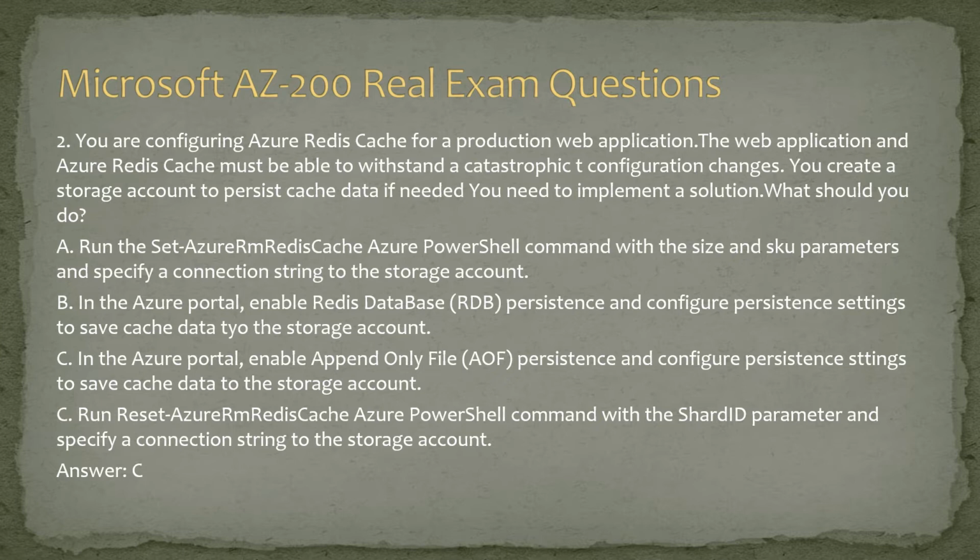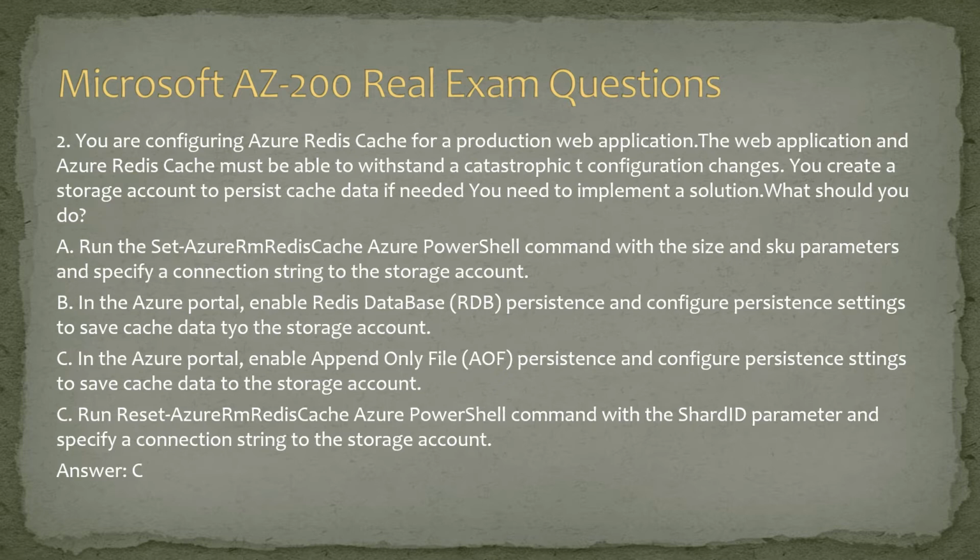2. You are configuring Azure Redis Cache for a production web application. The web application and Azure Redis Cache must be able to withstand catastrophic configuration changes. You create a storage account to persist cache data if needed. You need to implement a solution. What should you do? A. Run the Set-AzRedisCache Azure PowerShell command with the size and SKU parameters and specify a connection string to the storage account. B. In the Azure portal, enable Redis Database (RDB) persistence and configure persistence settings to save cache data to the storage account.